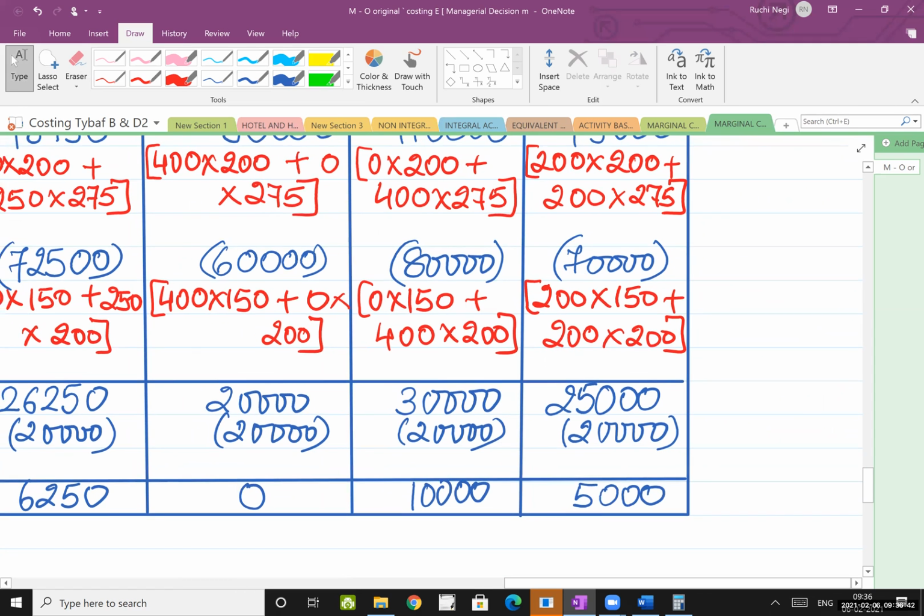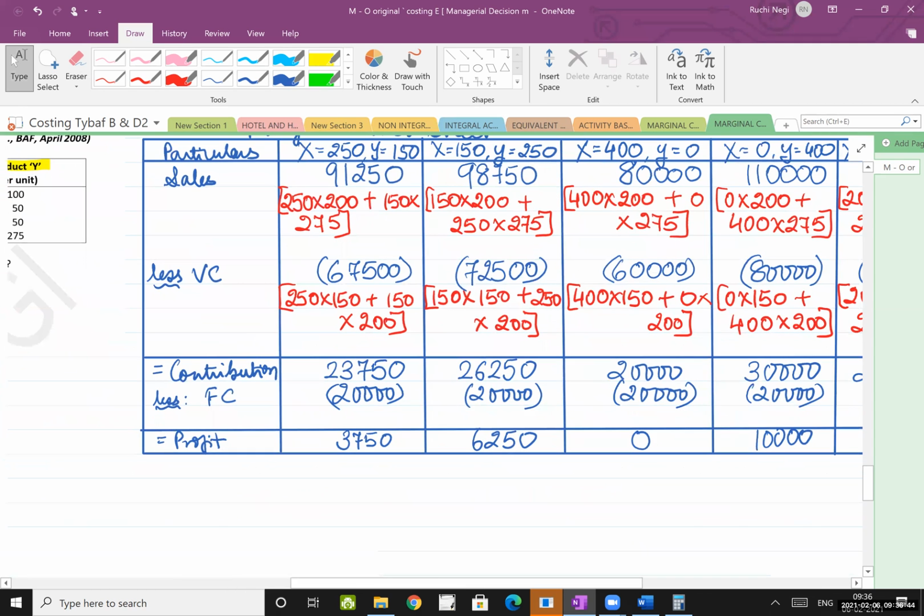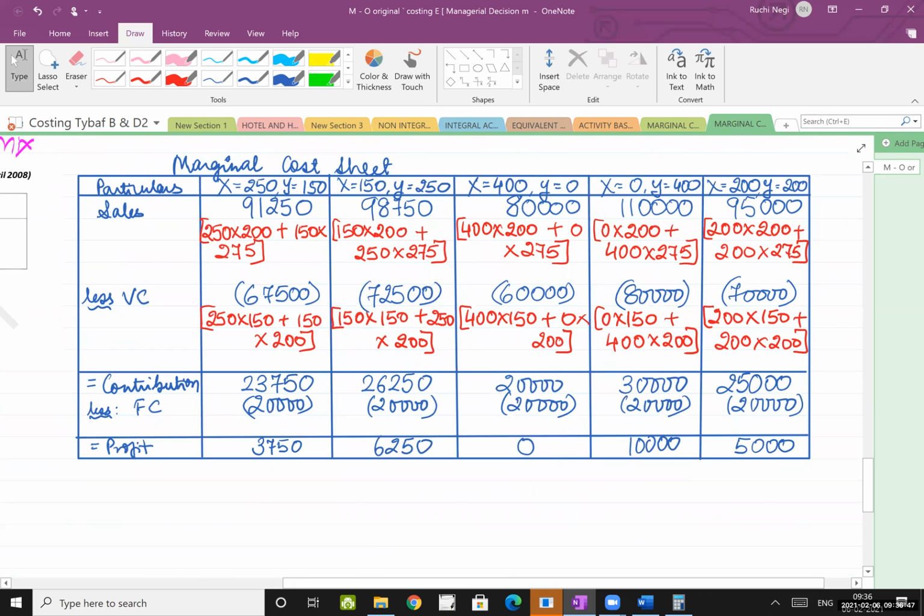And 0 plus. Okay. So out of the 5, which option should be selected? Just acknowledge it in the chat box. Which sales mix should be accepted out of the five options?